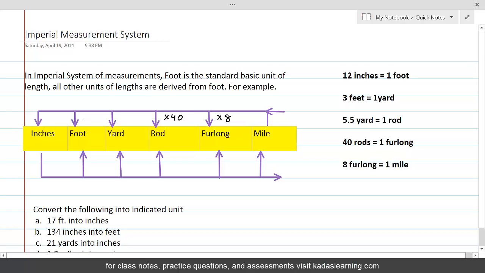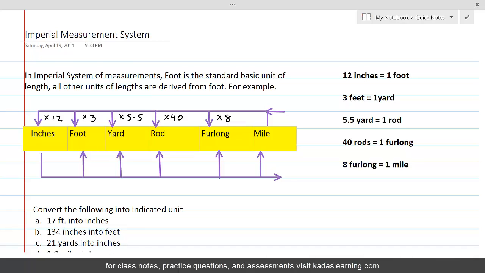And if we want to convert rods into yards, we will simply multiply by 5.5. For yards into feet, we will multiply by 3, and for feet into inches, we will multiply by 12. And that's why we have placed an arrow in this direction.